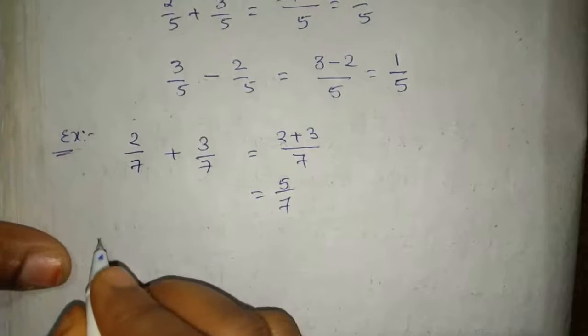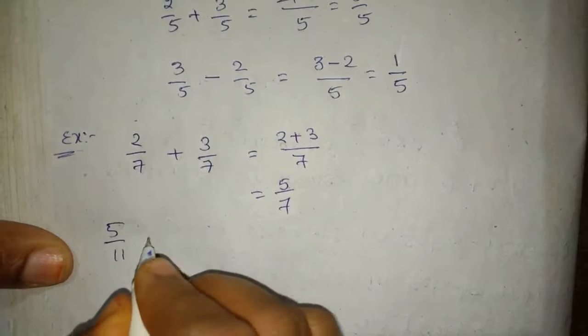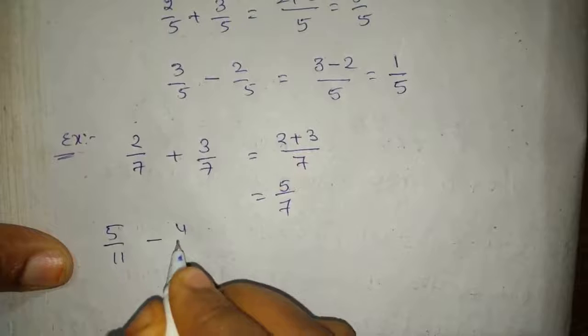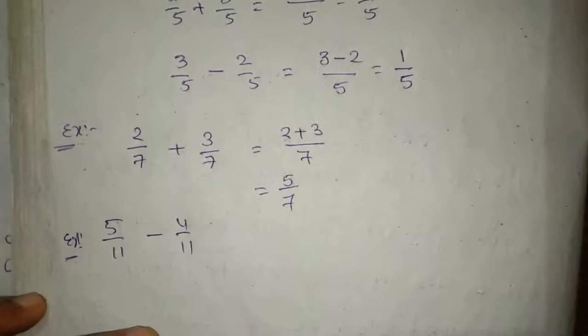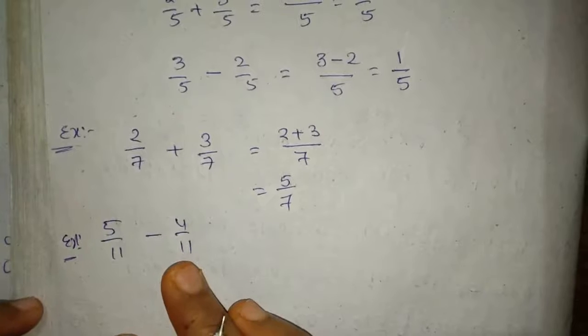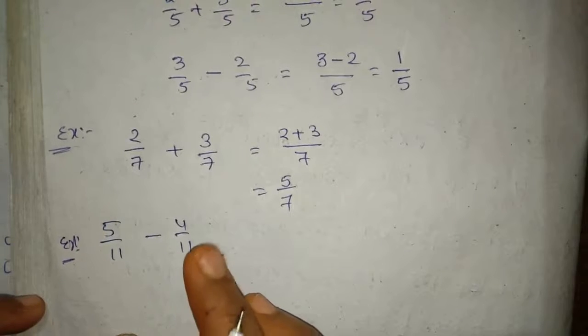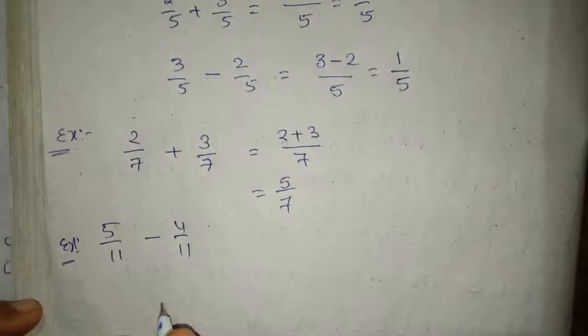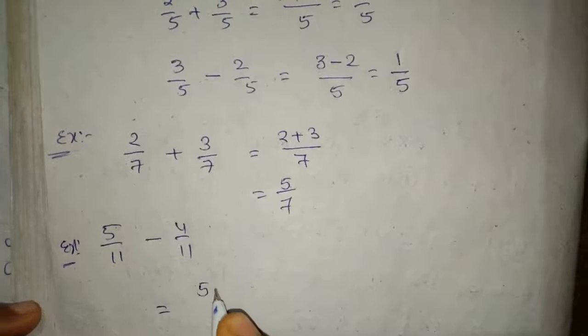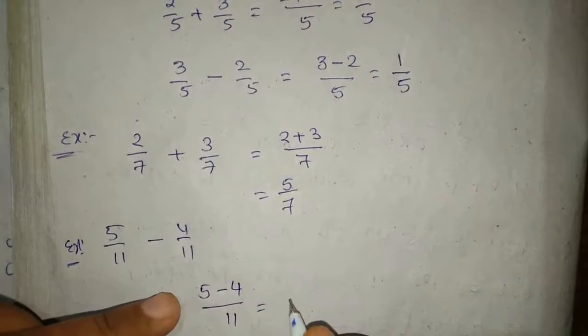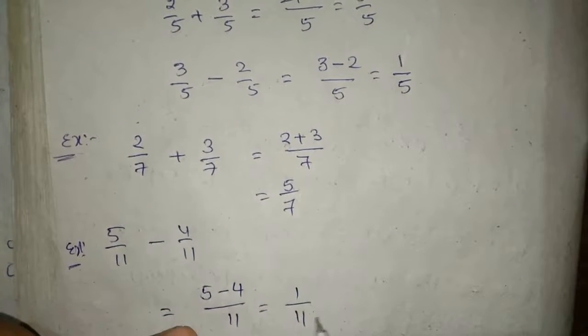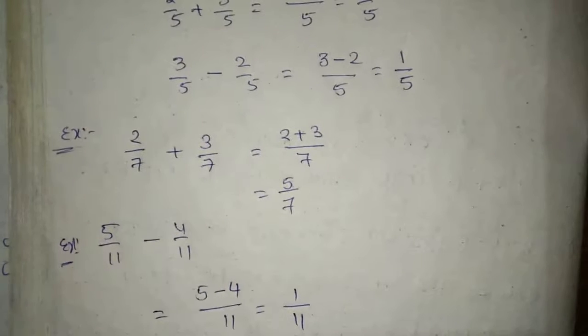Another example, 5 by 11 minus 4 by 11. Here also the denominators are equal, so we subtract the numerators simply. That is 5 minus 4, keeping the same denominator 11. 5 minus 4 is 1 by 11.